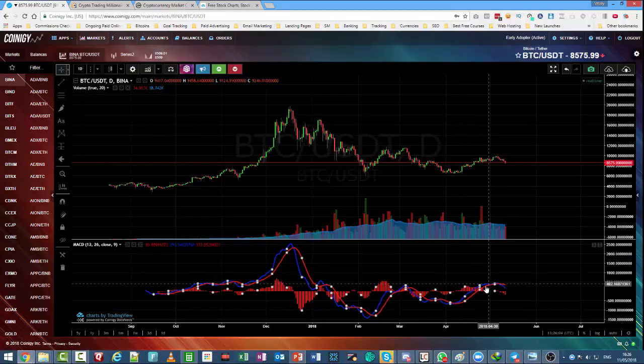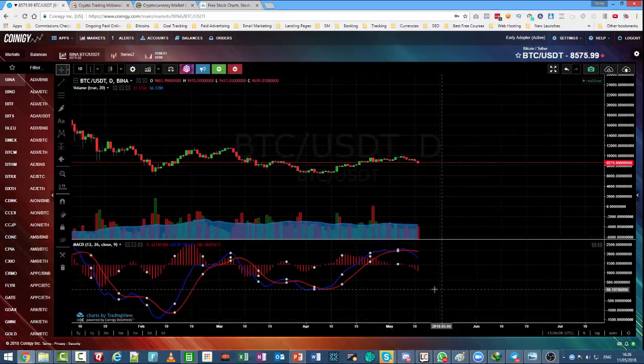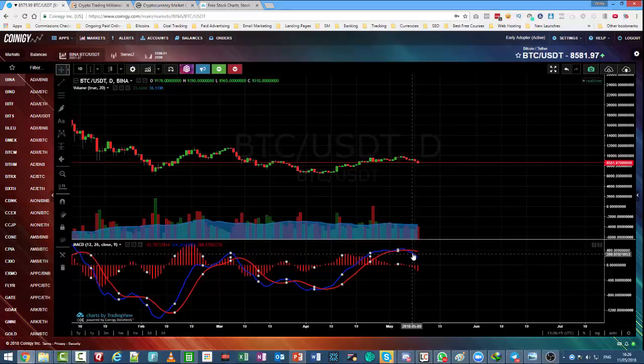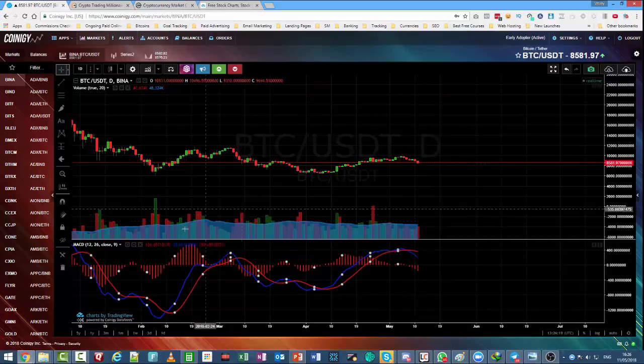As you can see, the blue line is now below the red line, so we are again transitioning into the bear side of things. That's how we use this particular indicator.